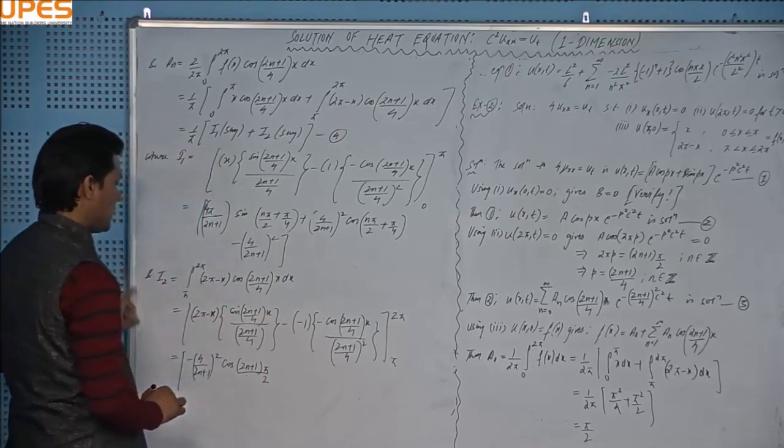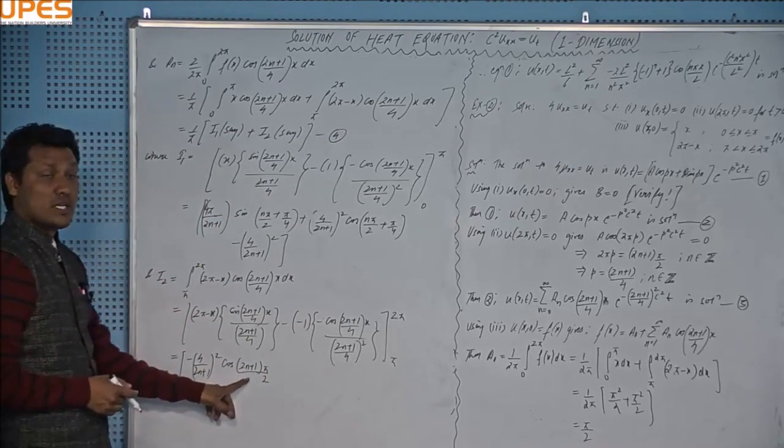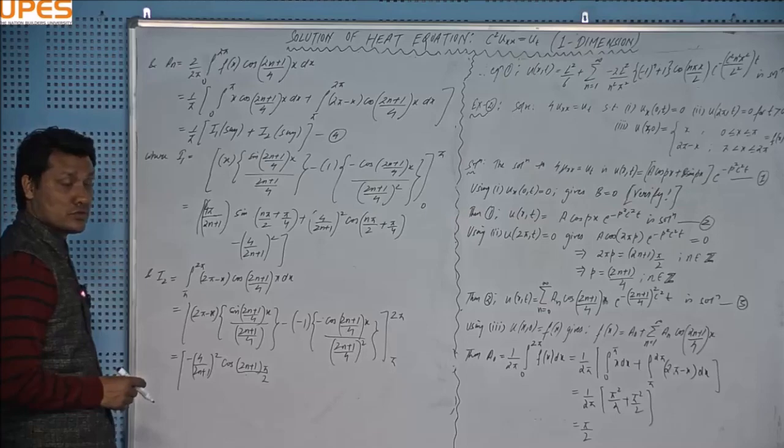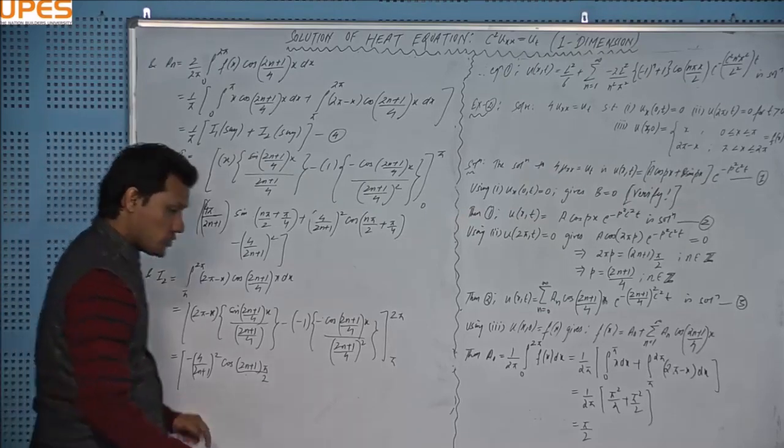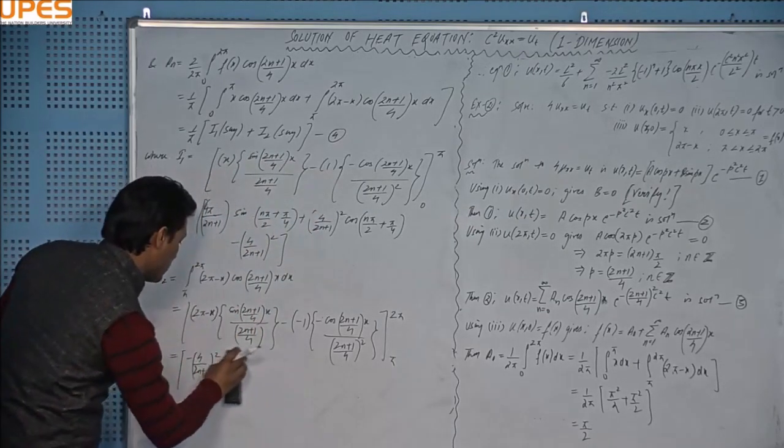Fine. And it is 0, I think, odd multiple of pi by 2, that goes to 0. Fine. Yes, so I should remove this term, this will become 0.